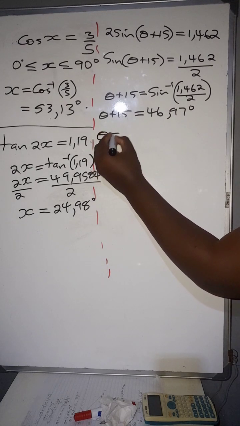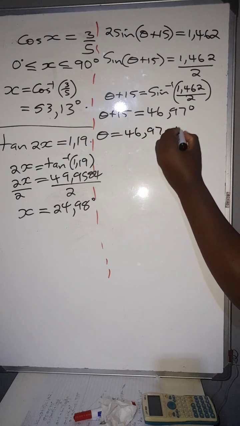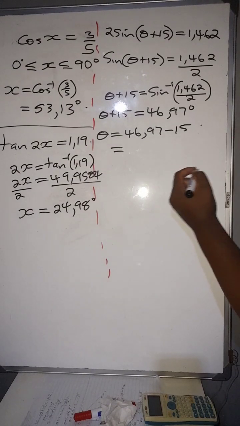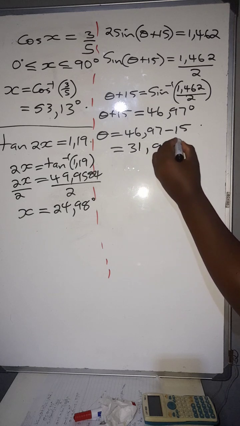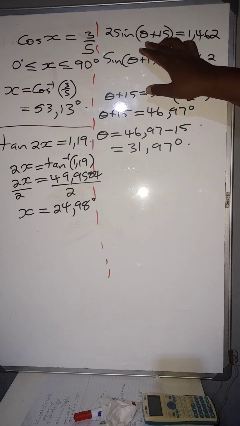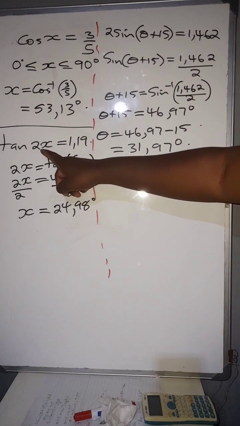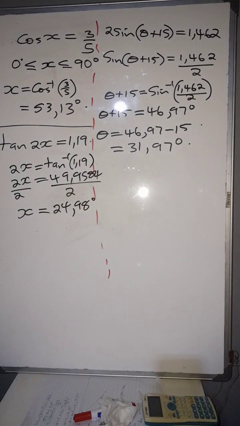It becomes theta is equal to 46,97 minus 15. And when we subtract 15 from this, we get 31,97 degrees. So that's how we solve this trig equation. Just remember, what we have here in the middle, we only deal with it here at the end. Just like we did here, the 2, we only divided by 2 at the end. All right?